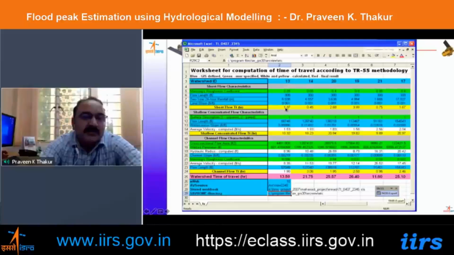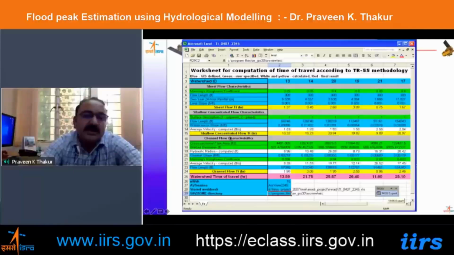From that 300 feet up to the centroid, it is considered as shallow concentrated flow, or what we call the interflow. And then from the centroid to the main outlet, the water is assumed to be moving in a river channel. So these represent different colors, like the blue one, they are taken directly from the GIS.